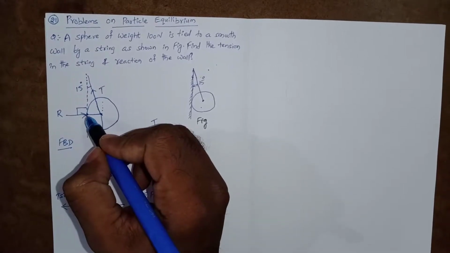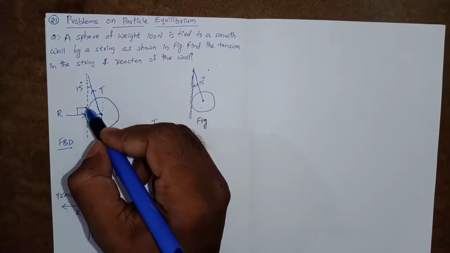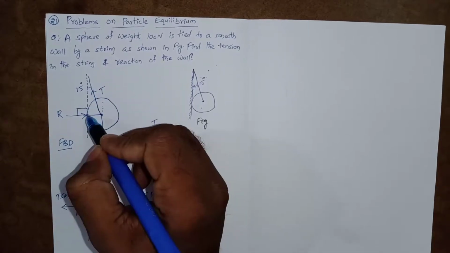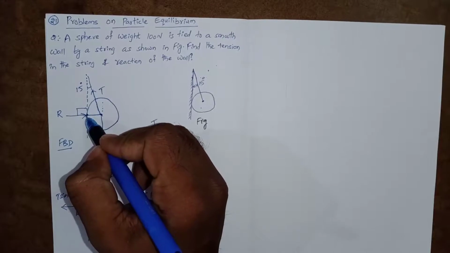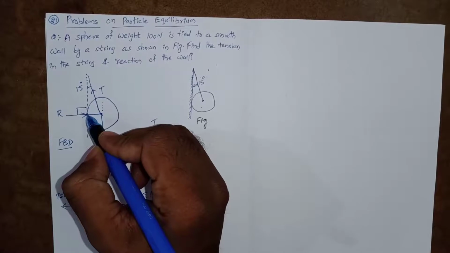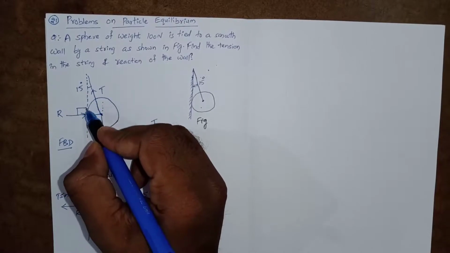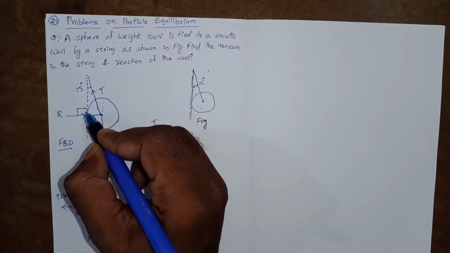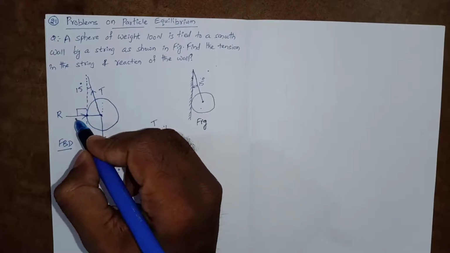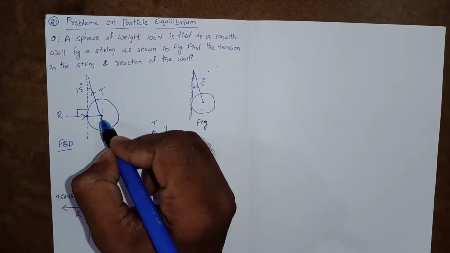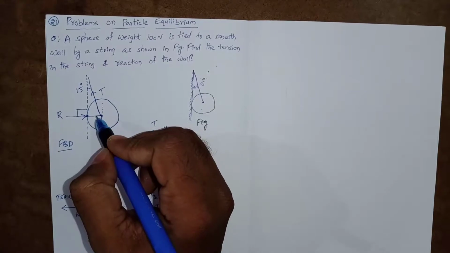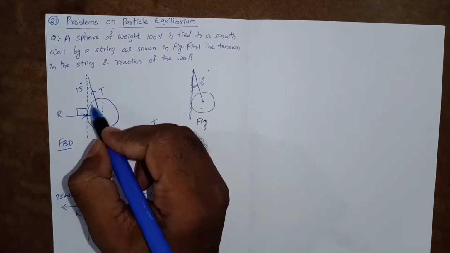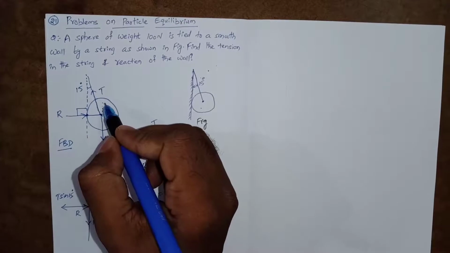So this is the point of contact here, and this is the tangent. Now the normal reaction will be normal to this tangent, and this reaction force will pass through the center of the sphere, from the geometry of the sphere, which is like a circle in this case.